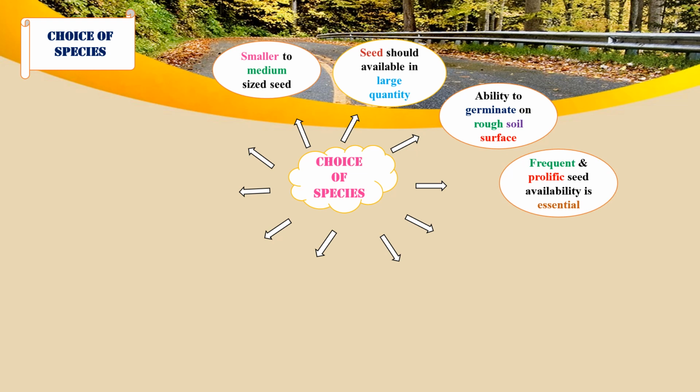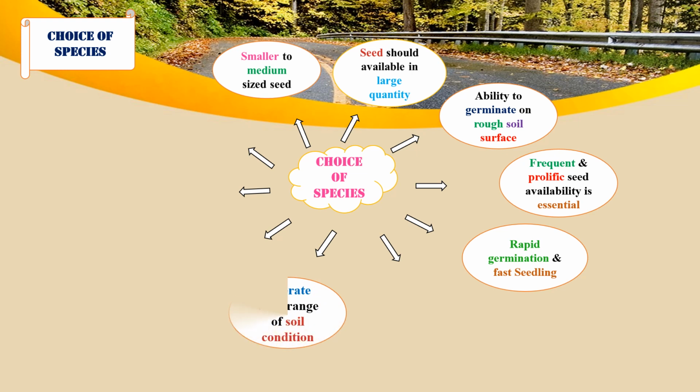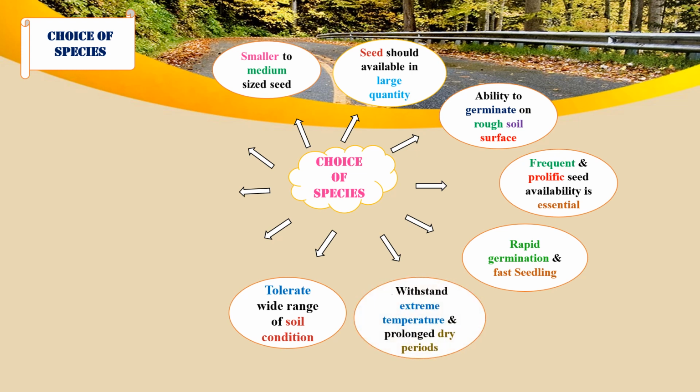The tree species should produce fertile seed frequently. It should have the fastest germination capacity and also seedling growth stages. It should be adaptable to many soil conditions and also withstand extreme temperature and dry periods.